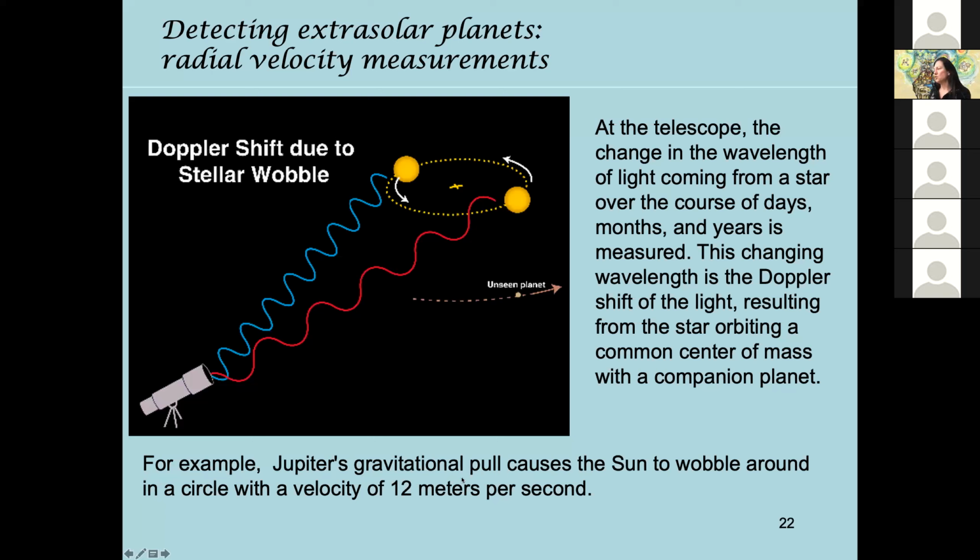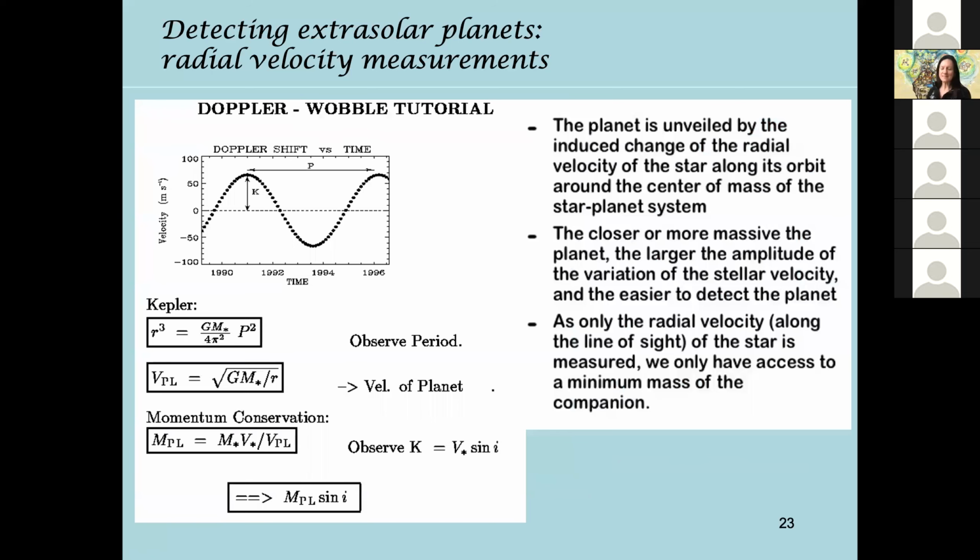In fact, Jupiter's gravitational pull causes the sun to wobble in a circle with a velocity of 12 meters per second. And this is really pushing the limits of the spectroscopic capabilities of the current instrumentation, but I'm sure that things will improve and are probably getting already quite close to this.